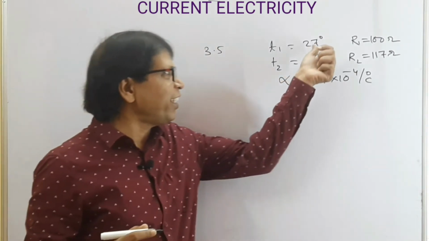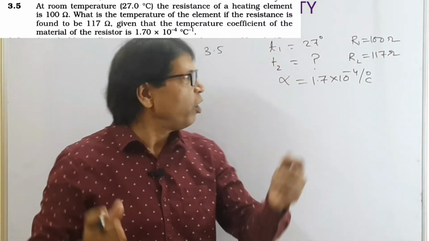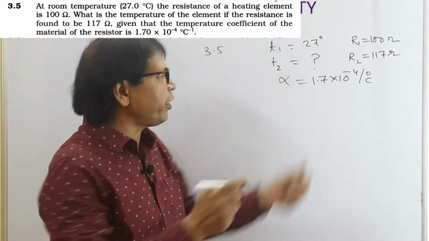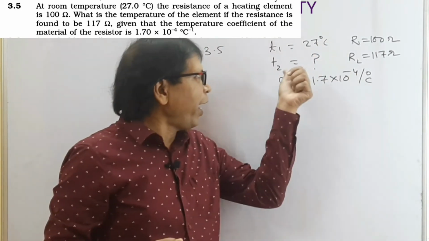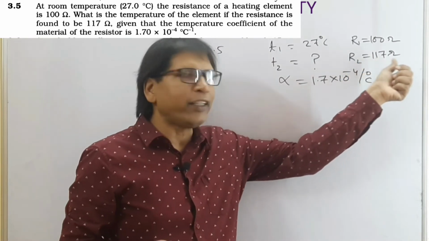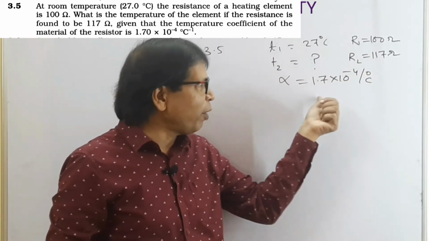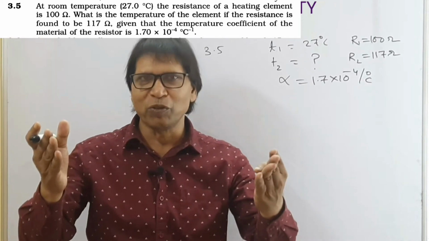Now next, look at this NCERT 3.5. The resistance of a heating element is 100 ohm at a temperature of 27 degrees Celsius, and at a temperature T2 the resistance is 117 ohm. Alpha is given. We have to calculate temperature T2.